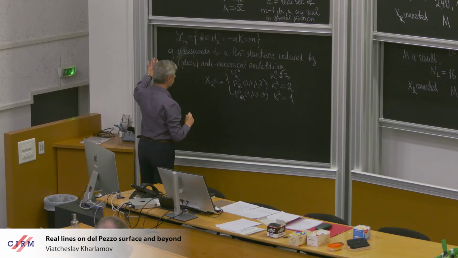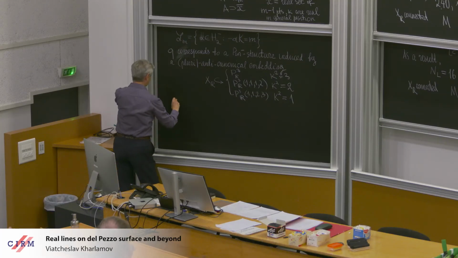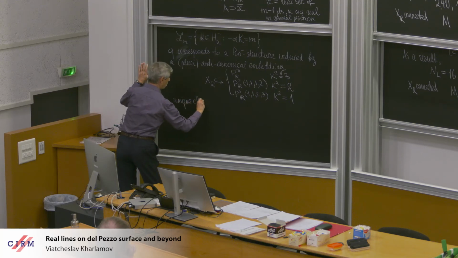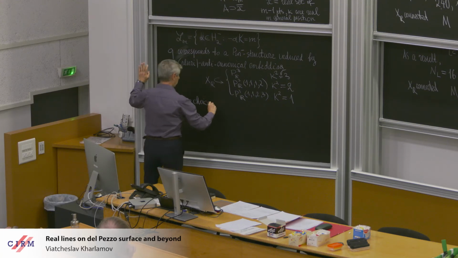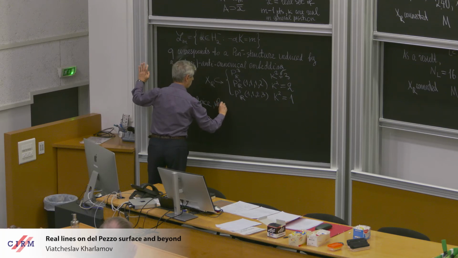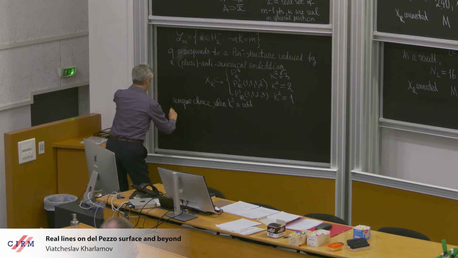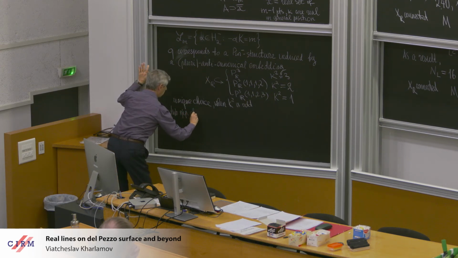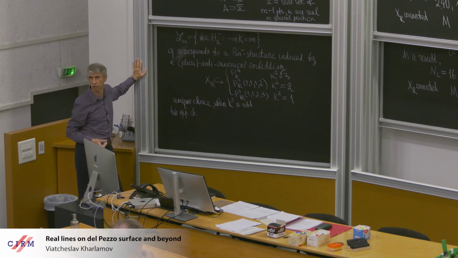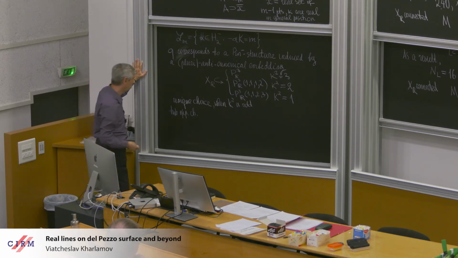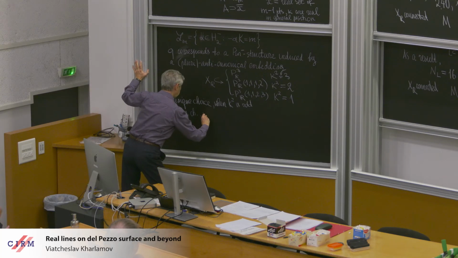So, a small remark. There is a unique choice when K square is odd, and two opposite choices when K square is equal to 2. We are not able to select a unique one.